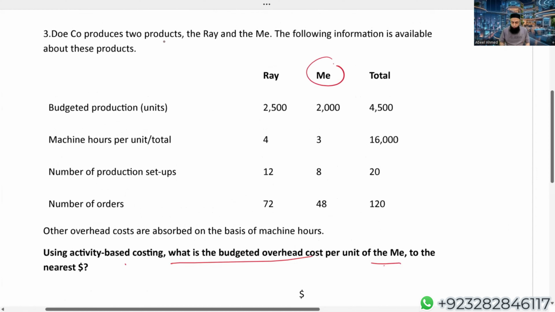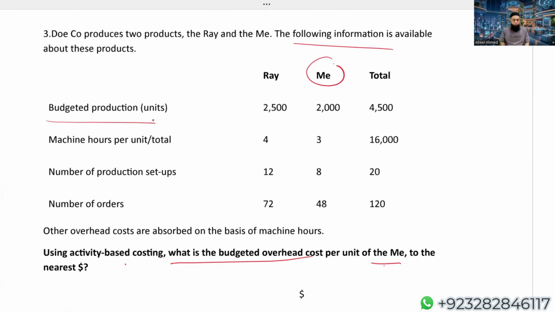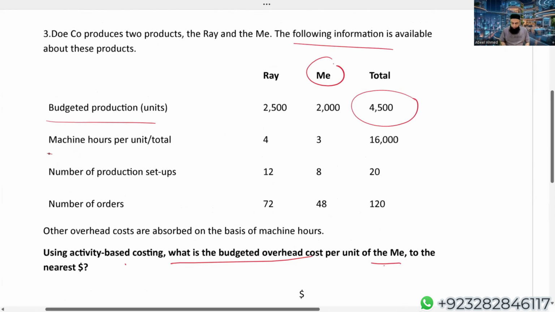Doi company produces two products, Ray and me. The following information is available about these products. We have got budgeted production units. Total units are 4,500. Machine hours per unit: Ray takes 4 hours of machine per unit, me takes 3. The total hours are 16,000. Number of production setups: Ray 12, me 8.